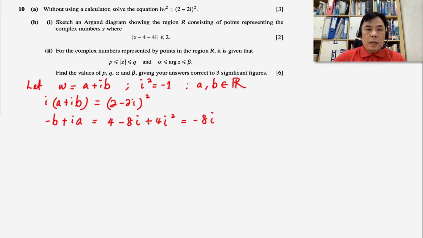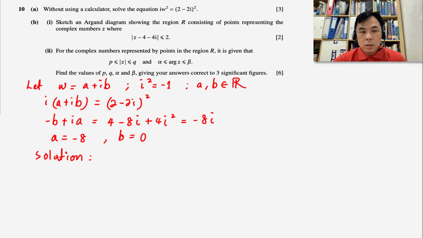Now because it is 8i, we know automatically a must be equal to negative 8 by comparing the imaginary component. And then for the real component, because there is no real section present, therefore b must be equal to 0 there. And then there you have it. We can conclude that the solution to the first complex equation is w equal to negative 8. Is it negative 8?